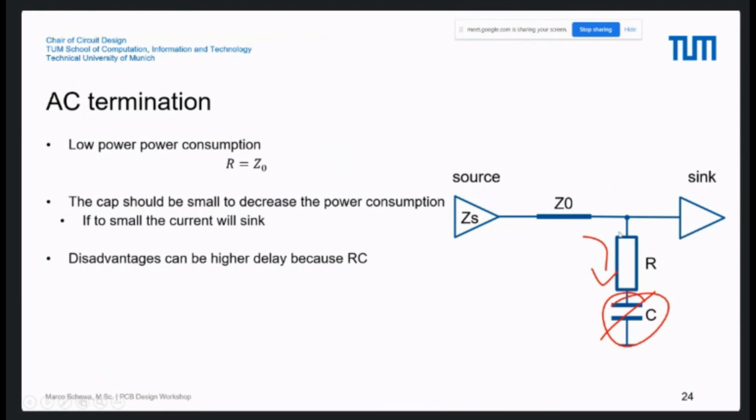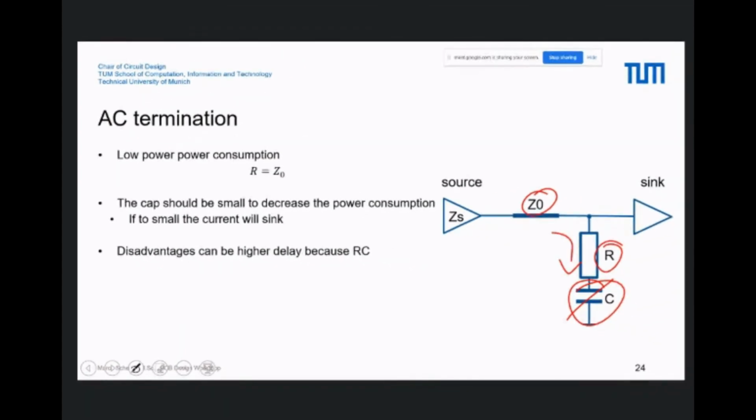So here you have to say, okay, your resistance should be equal to your transmission line impedance for a good matching. It means if you have 50 ohm here, then you also need your 50 ohm. This is very nice if you have a sink whose impedance is very high, like 5 mega ohm.